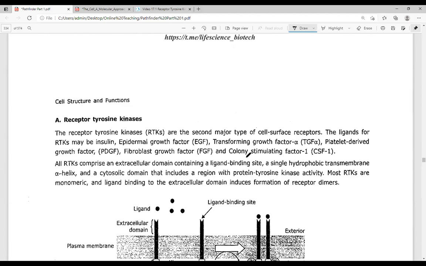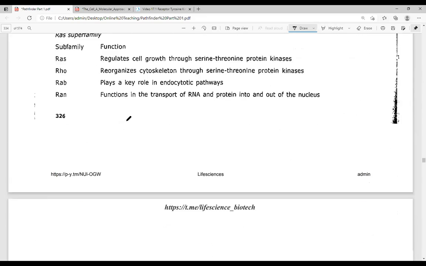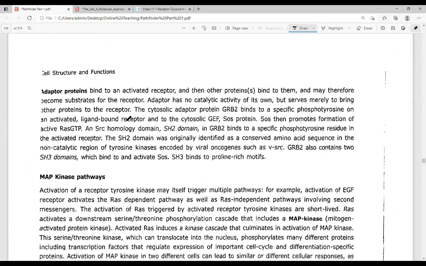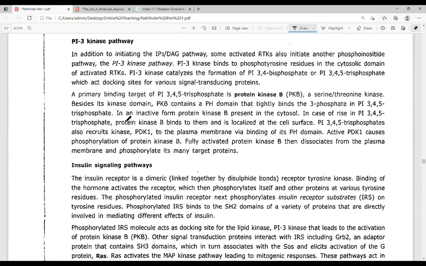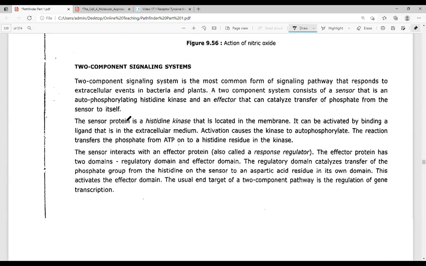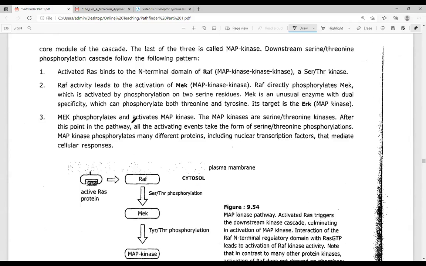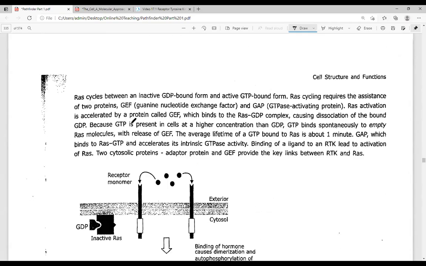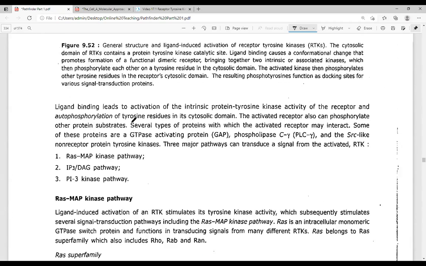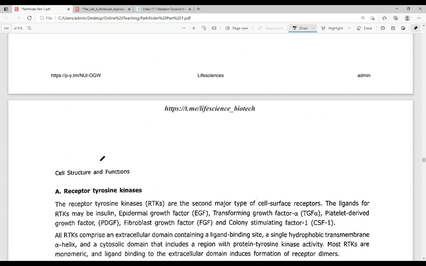So they could be categorized into receptor tyrosine kinase, the JAK-STAT pathway receptors, and the receptors that lack kinase activity. Let me classify it out and then make you understand one by one. The RAS MAP kinase pathway, IP3 DAG pathway, and PI3 kinase pathway are the three pathways that can be operated by the receptor tyrosine kinase.